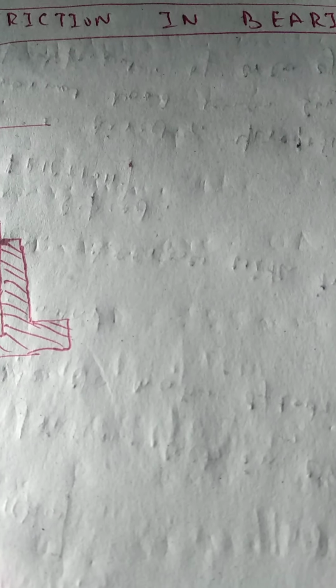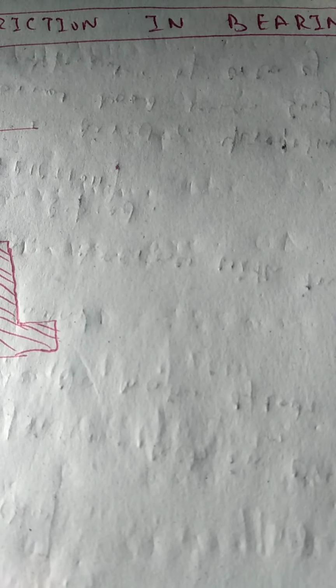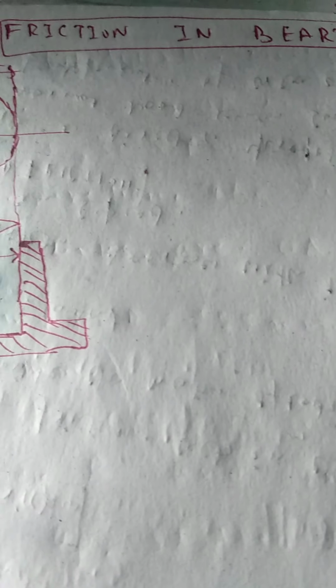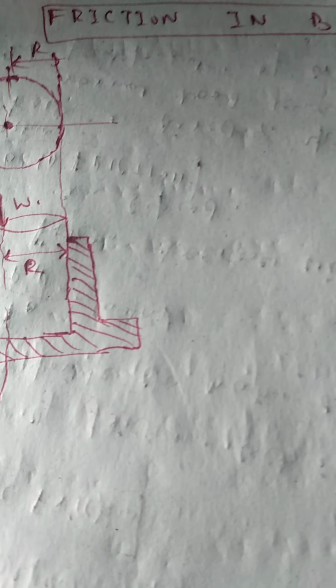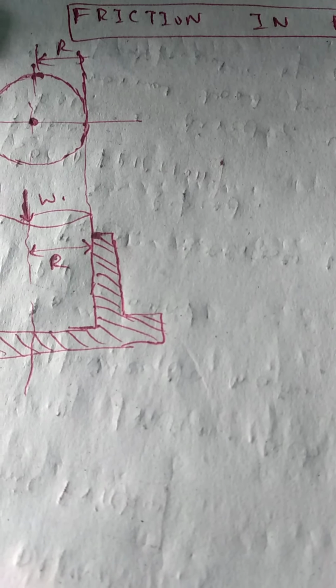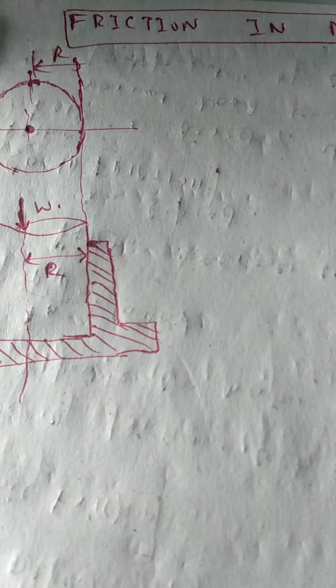Now, starting with the basic concept: shafts are frequently subjected to thrust, to axial thrust. You can see that in the case of axles in trucks, buses, and other types of vehicles.